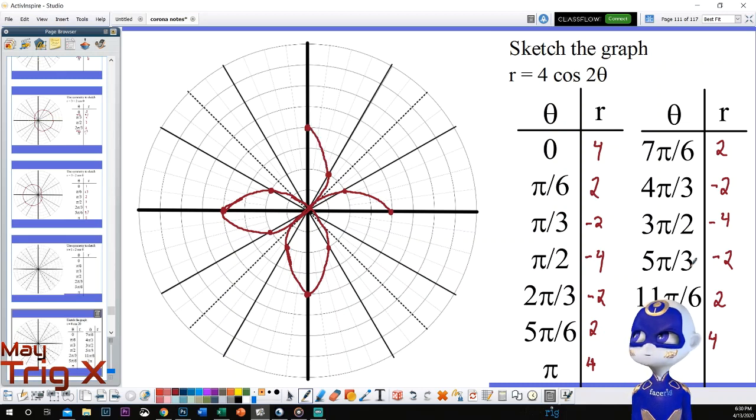And then next I've got the next line, which would be here, and it says negative 2, so I'm going to flop this way, 1 and 2. And then 11 pi over 6 is this next line, and it says positive 2, so that's 1, 2 right there. And finally 2 pi goes to 4, that same point that I started with. All right, that looks pretty beautiful. If you hit graph on your calculator, you should see the exact same thing. Well done.